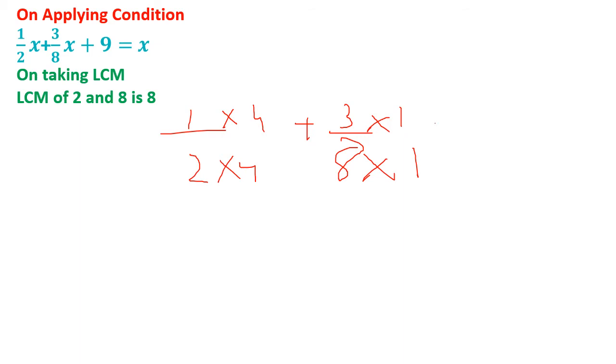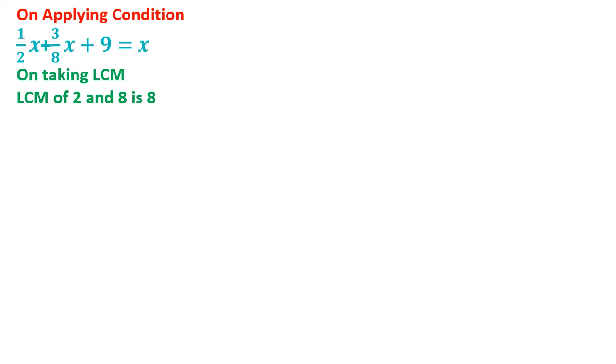We will first convert it into a rational number 9 upon 1, and then we'll take the LCM, we'll multiply by 8 because our LCM is 8. So these are the way in which you have to take LCM. Here it is. You can find that the denominator, all the numbers are 8. So that is how we took the LCM.